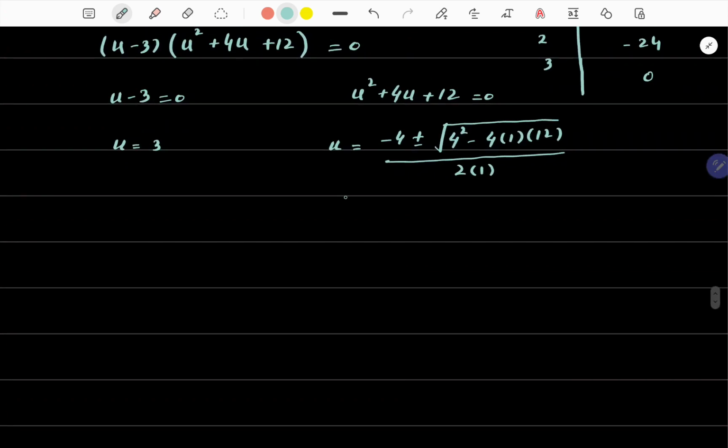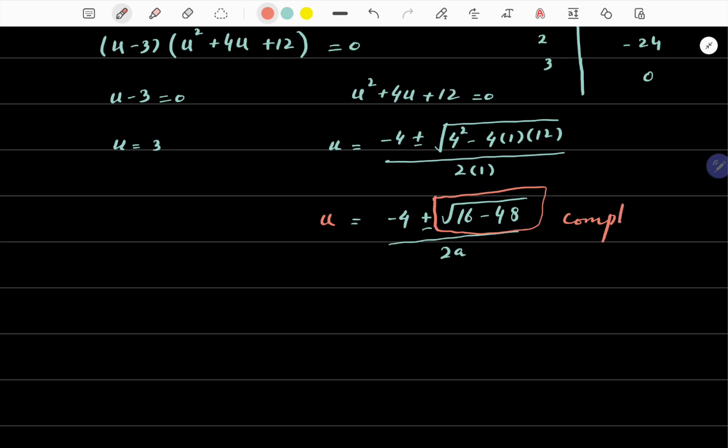So if we deal with this one, this is equal to minus 4 plus minus the square root of 16 minus 48, over 2a. So from here we can see that 16 minus 48 is a negative quantity. It means these values of u will be complex, and thus we ignore this. We only deal with u is equal to 3.